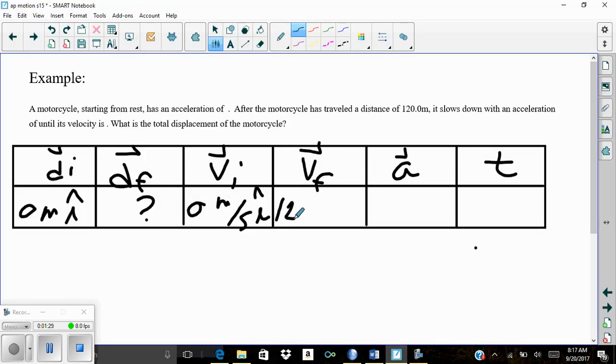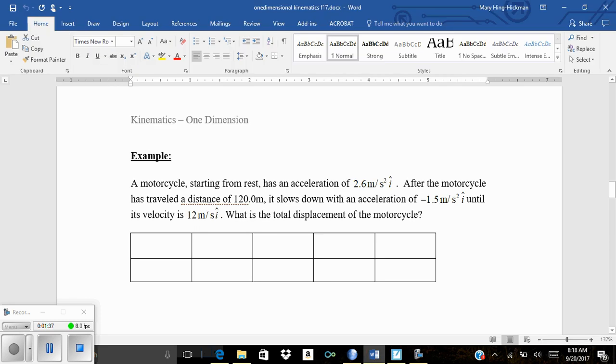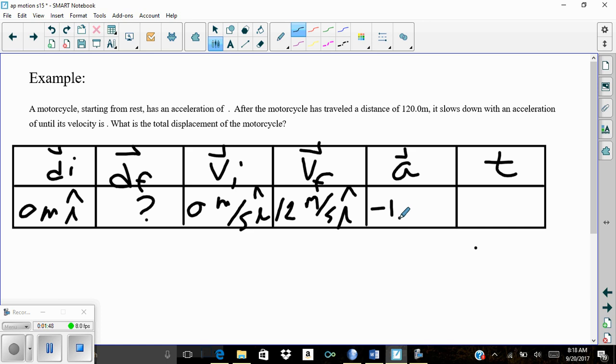My acceleration is negative 1.5 meters per second squared I hat.